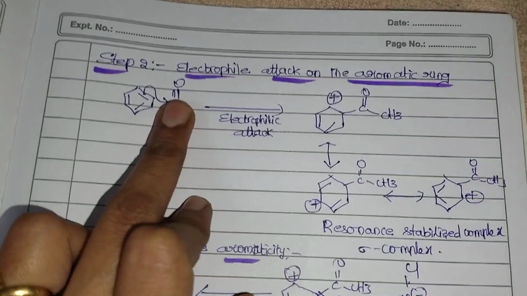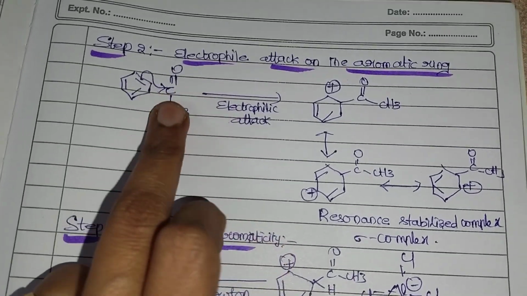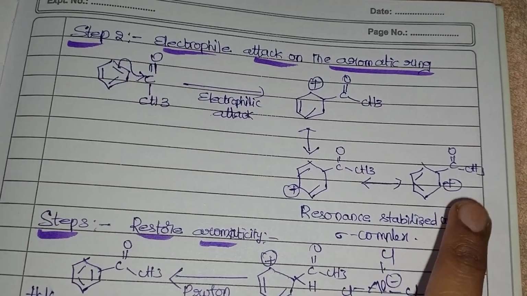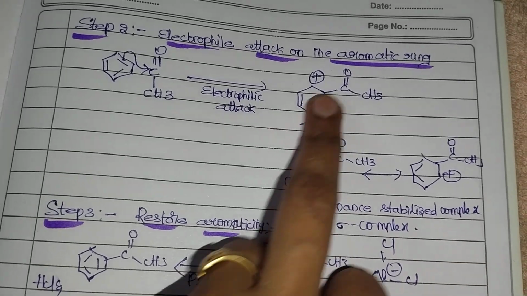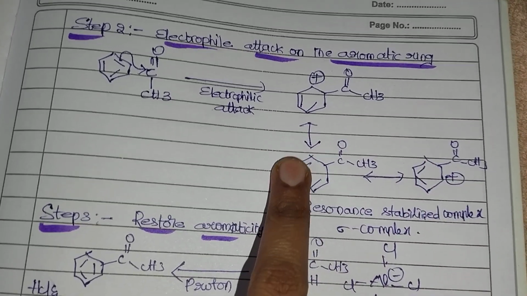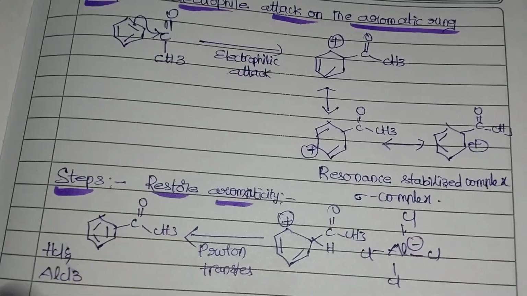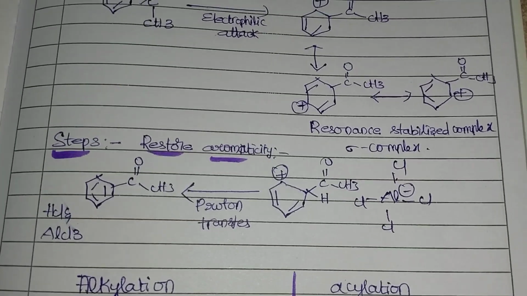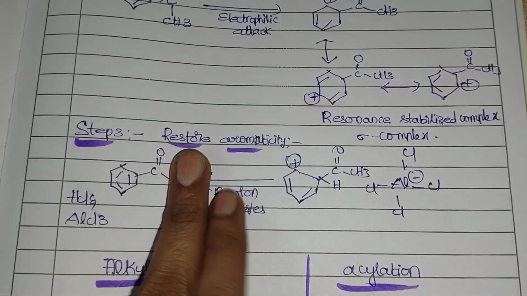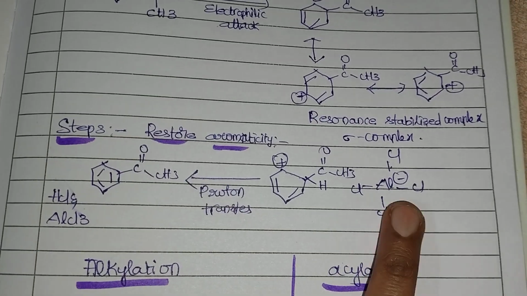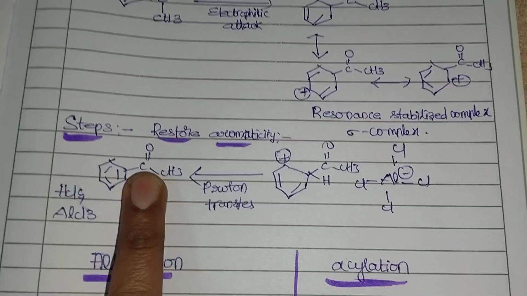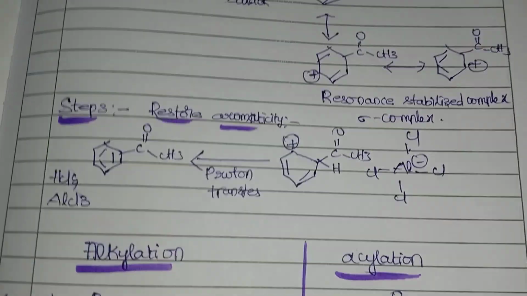The benzene reacts with the electrophile formed. Electrophilic attack takes place and a resonance stabilized sigma complex is formed, and it loses its aromaticity. To restore its aromaticity, in the third step proton transfer takes place to form the final product.